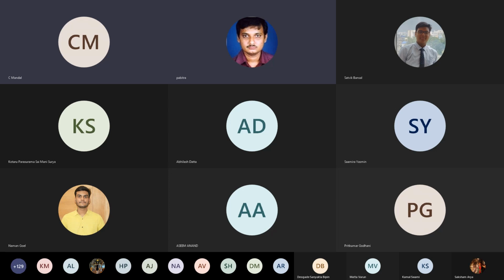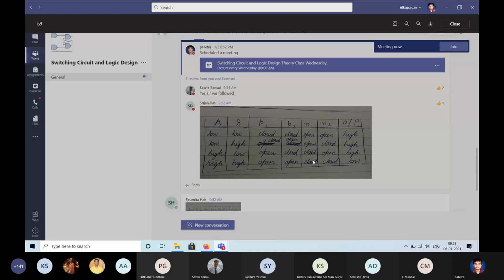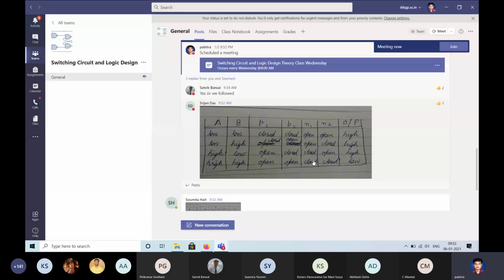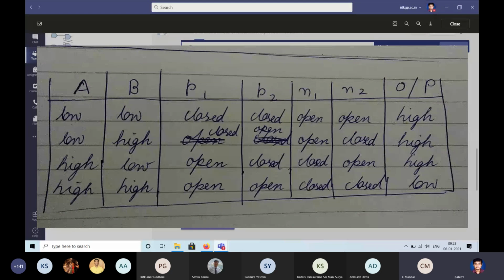I have only one window. You can present and show. Should I present and show? Yeah, I'm doing it. Yes, everybody can see. Now can you see? Yeah, I can see. All right.